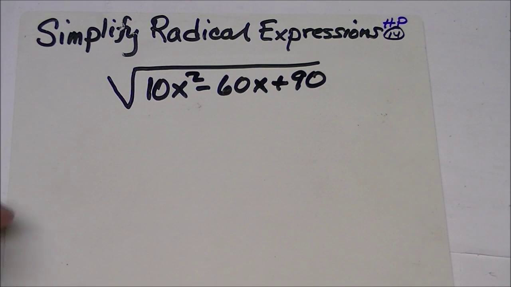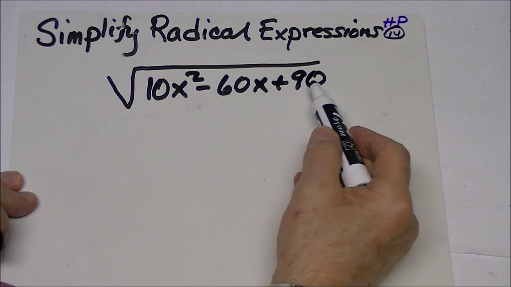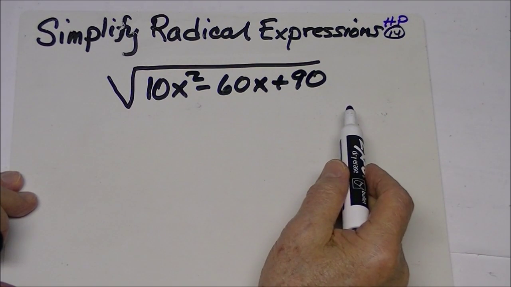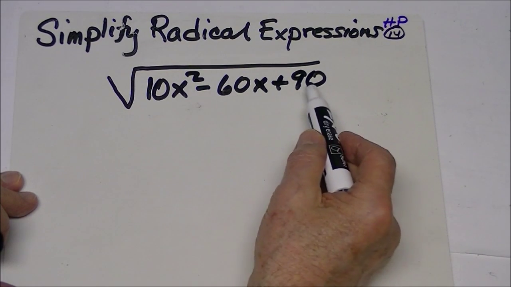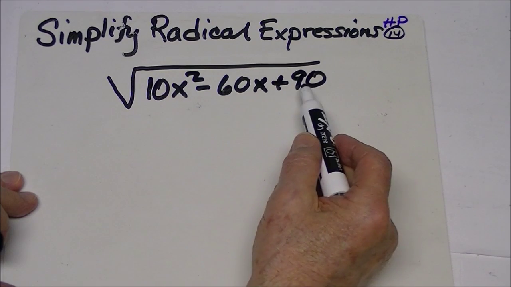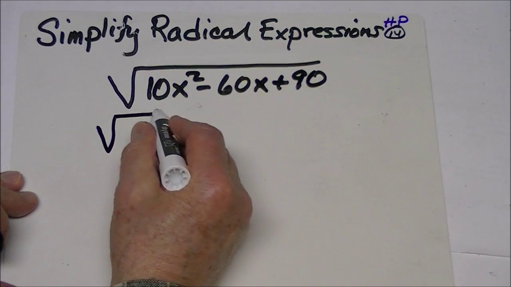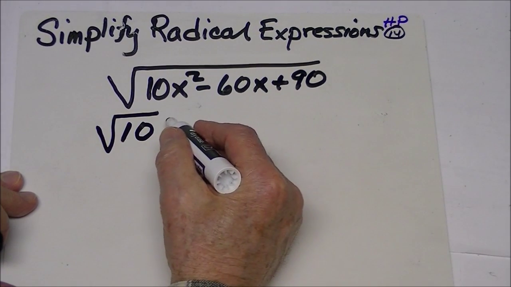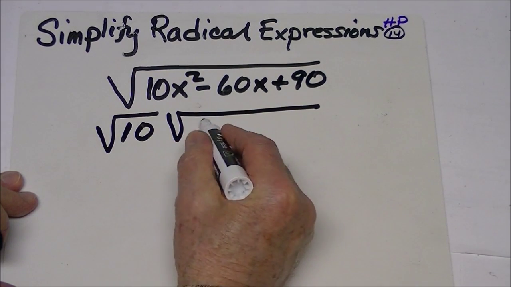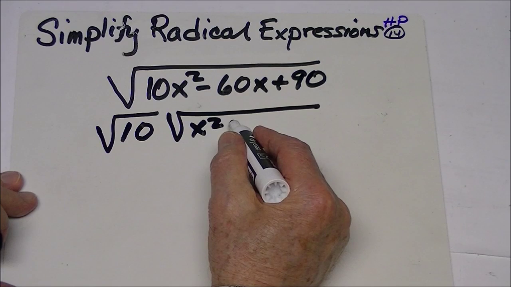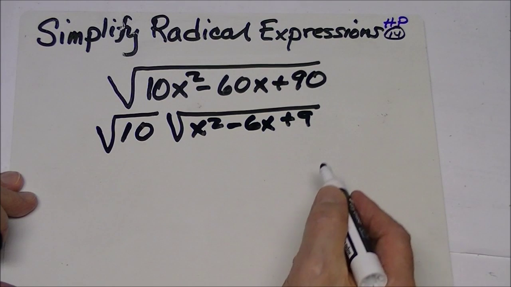Another type of example we did was to take the square root of this, and we're asked to simplify it, and again by factoring. So if we notice inside under the radical sign, the radicand, we can take out a common factor of 10. So let's do that over here. And then we end up with x squared minus 6x plus 9.